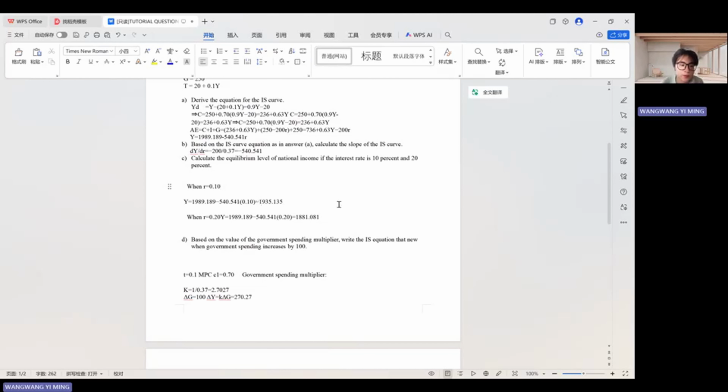And the same when R equals 0.2, we put it into Y and get 1881.081.